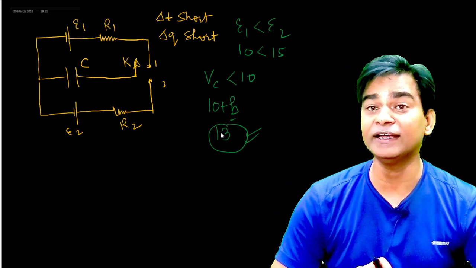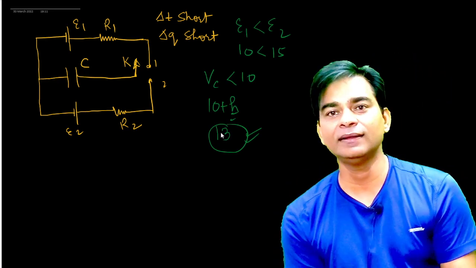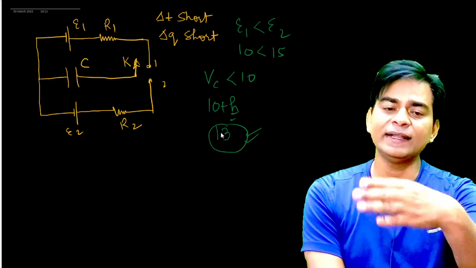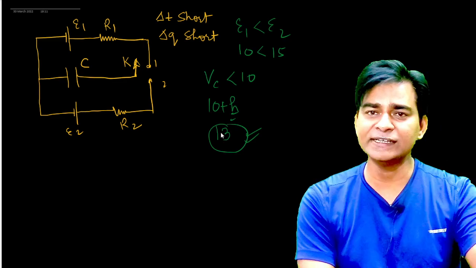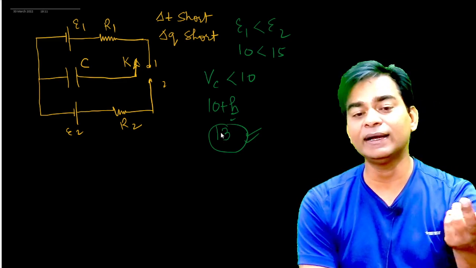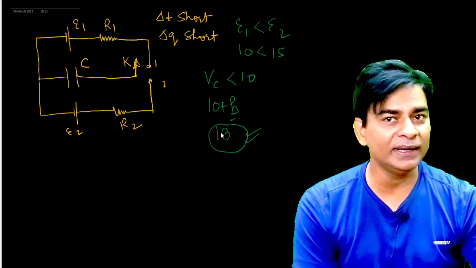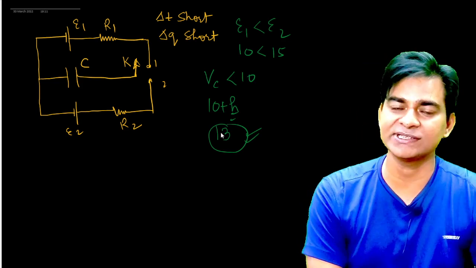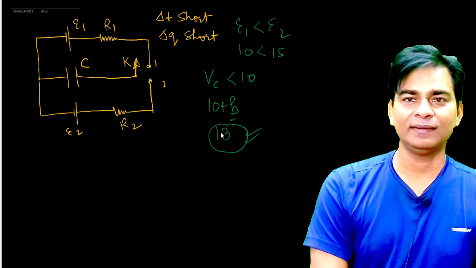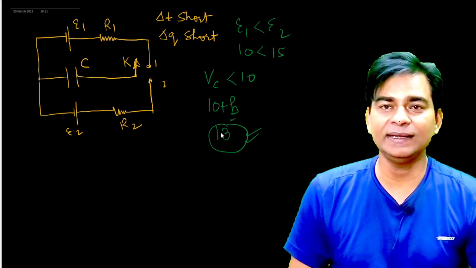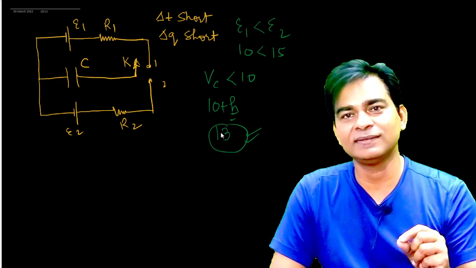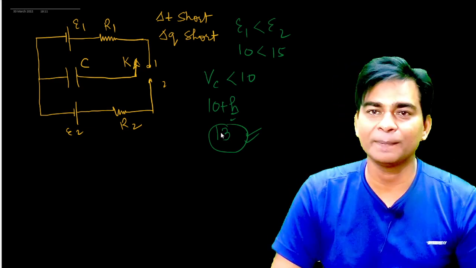But if you think in a channelized way, like you have solved many questions of saturation, when I connect this key to 1, there will be a different saturation charge, and when I connect this key to 2, there will be a different saturation charge. Then you are unable to solve the question, right? The charge cannot be fixed, but he has already said that a small amount of charge is transferring.